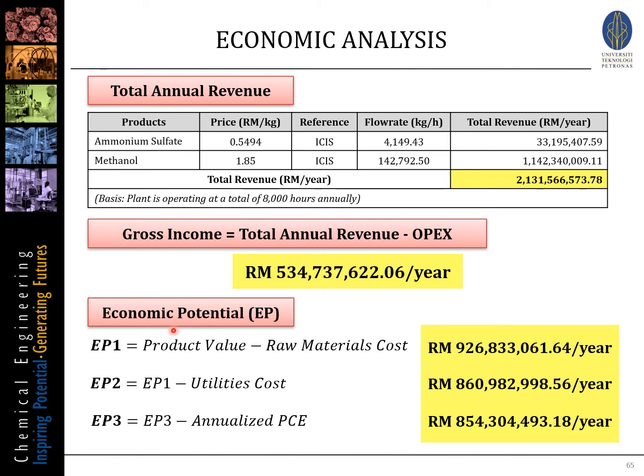As for the economic potential, EP1 for this project is about 927 million ringgit Malaysia per year, EP2 is 861 million ringgit Malaysia per year, and EP3 is about 854 million ringgit Malaysia per year.